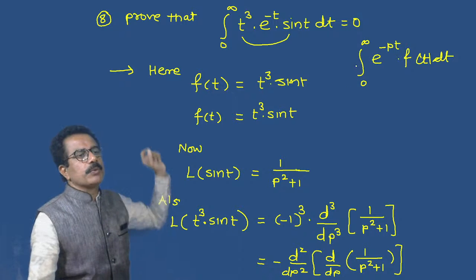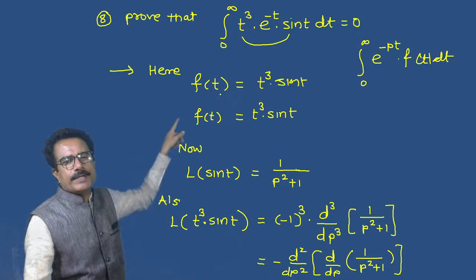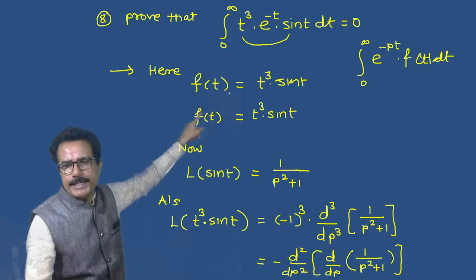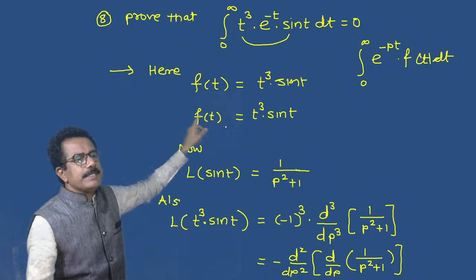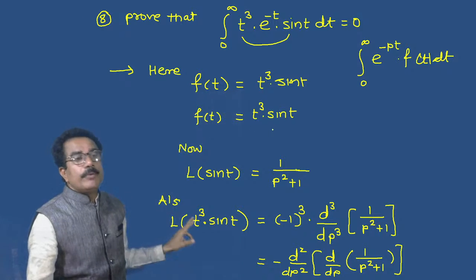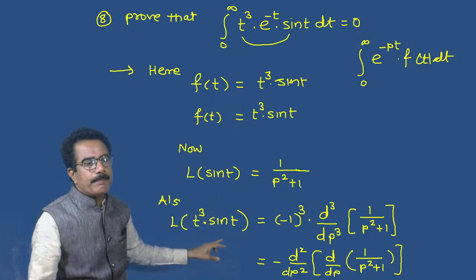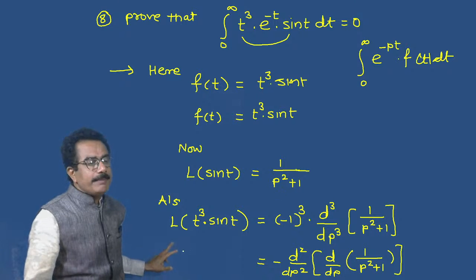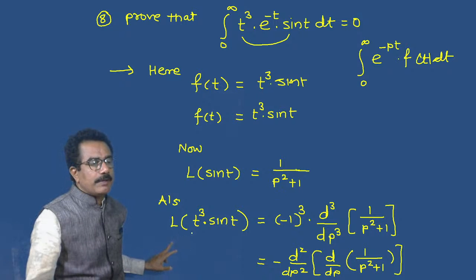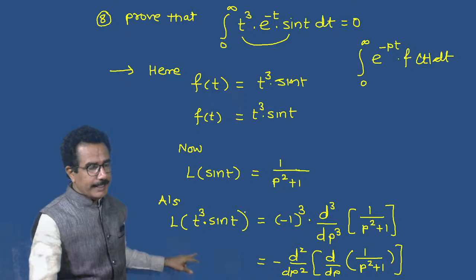For this purpose, we have to consider f of t is equal to t cube into sin t. We know that the Laplace transformation of sin t is 1 upon p square plus 1. Now our aim is to find the Laplace transformation of t cube into sin t.